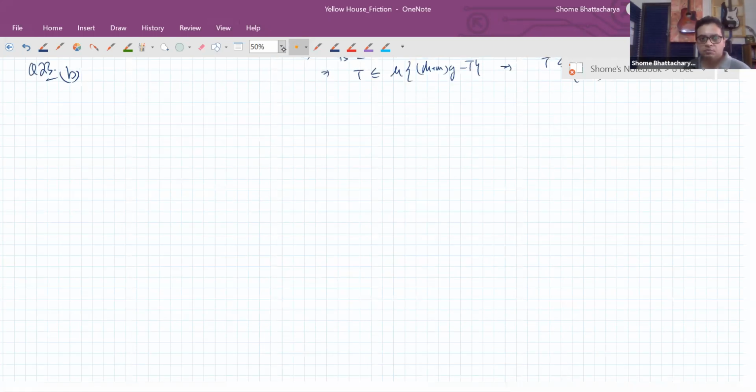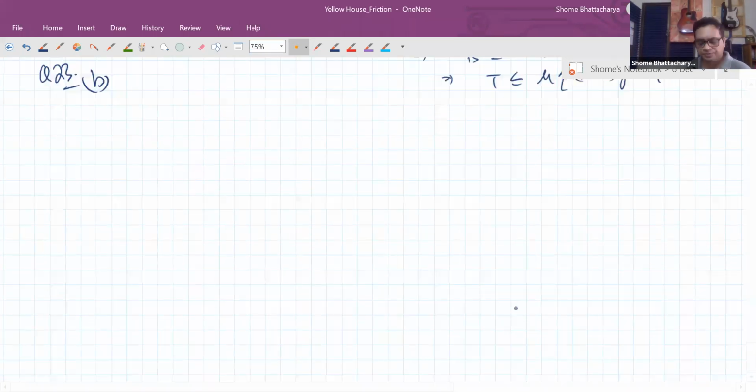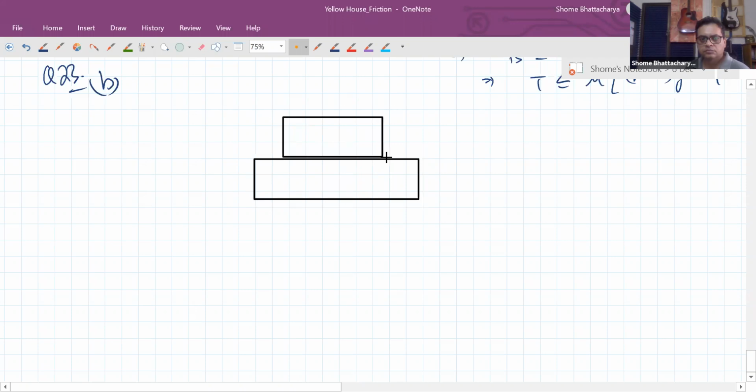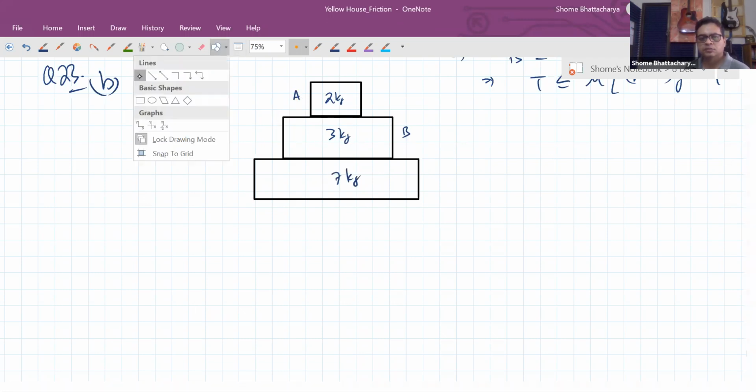So the masses of the 3 blocks are 7 kg, 3 kg and 2 kg.